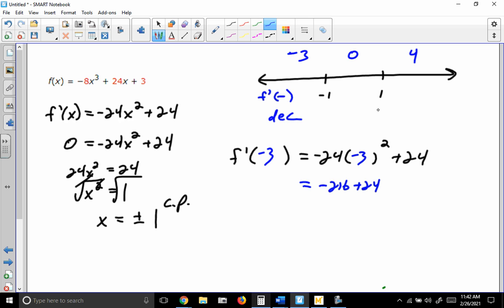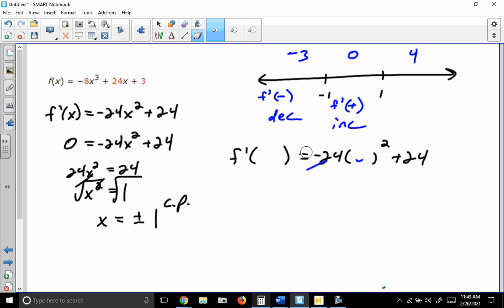And then from -1 to 1, we can plug in a 0. So if we put in a 0, 0 squared is 0. So that's 0 plus 24. So our first derivative makes a positive. So if our slope is positive, we're increasing.